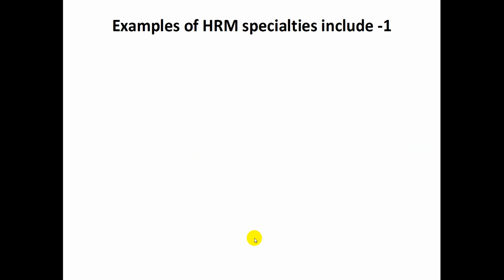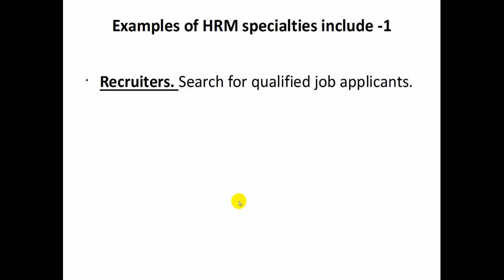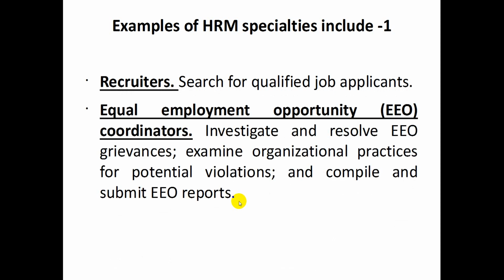And now I would like to explain examples of human resource specialties. The first specialty is recruiters. That means searching for qualified job applicants. Then equal employment opportunity, or EEO, coordinators.